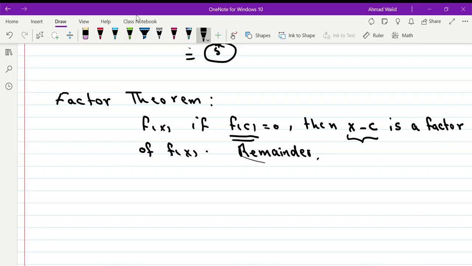If your remainder, when you do the division, is not 0, then that binomial is not a factor.